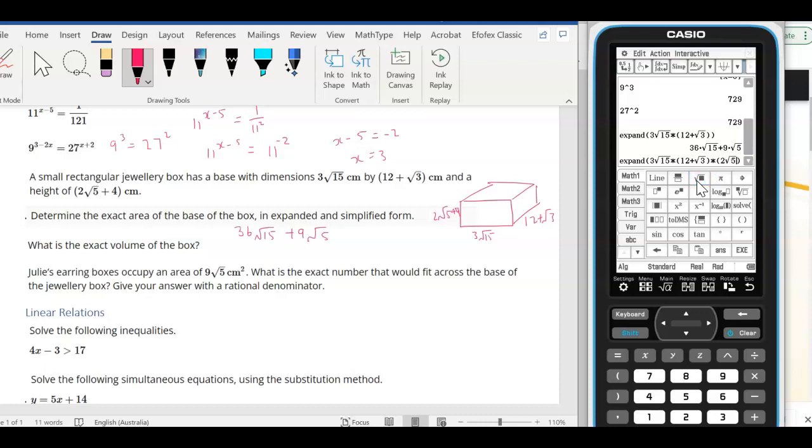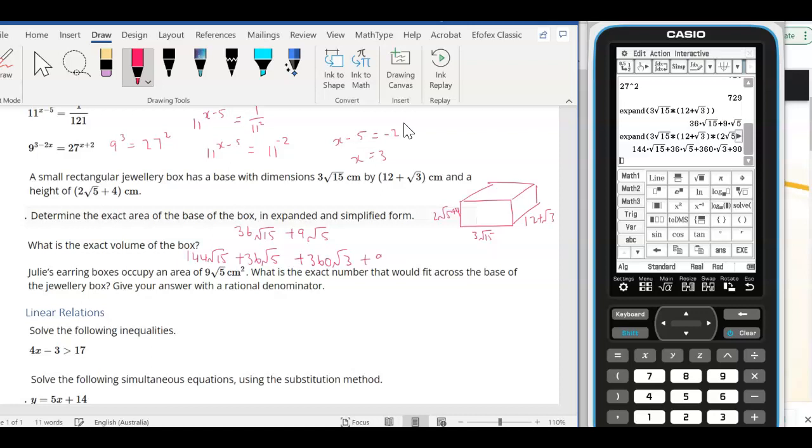Just make sure it looks good. And we've got that there. It's very long, isn't it? 144√15 + 36√5 + 360√3 + 90.